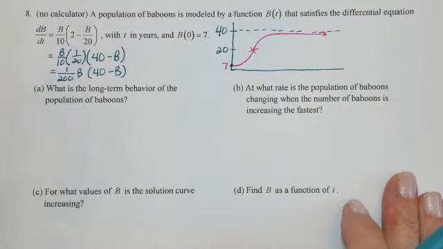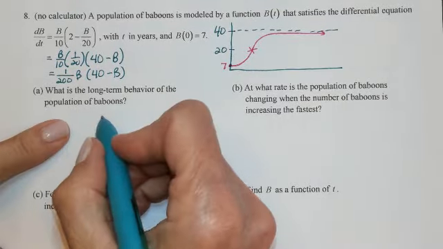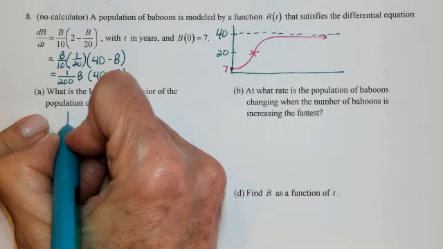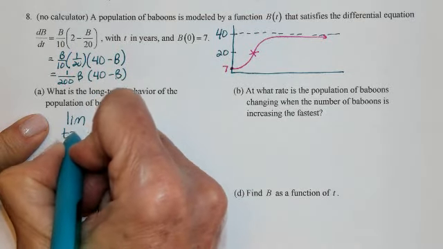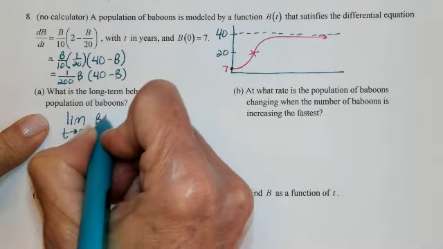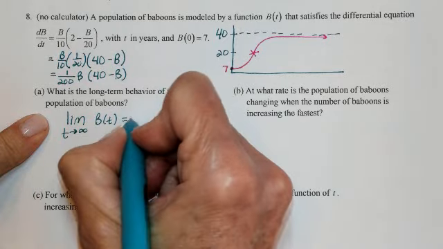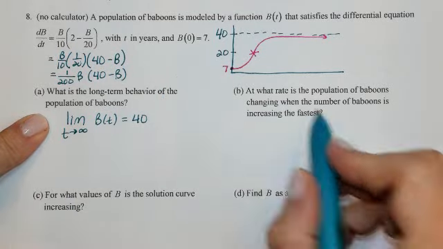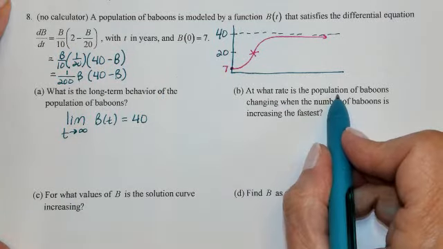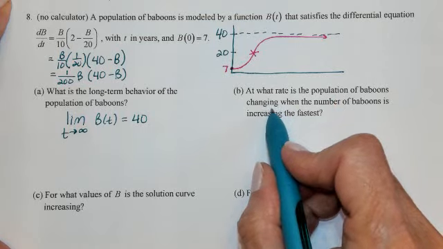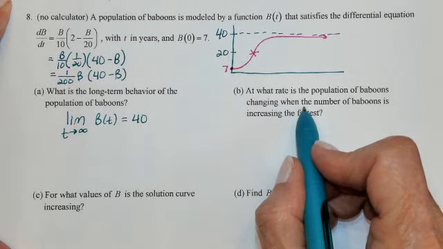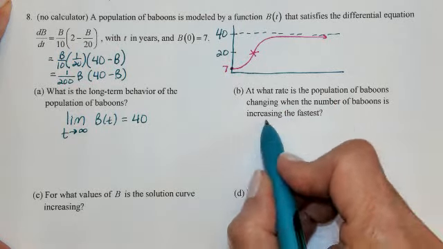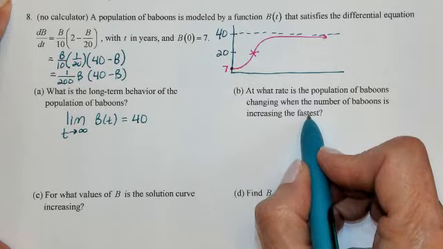Okay, what's the long-term behavior of the population of baboons? They're asking for the limit as time goes to infinity of the population. That's going to 40. At what rate is the population of baboons changing when the number of baboons is increasing the fastest?